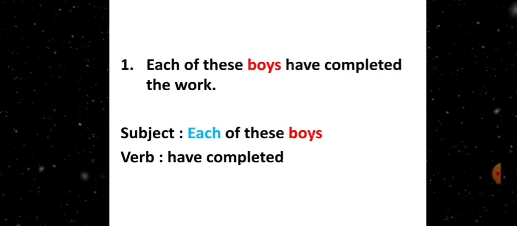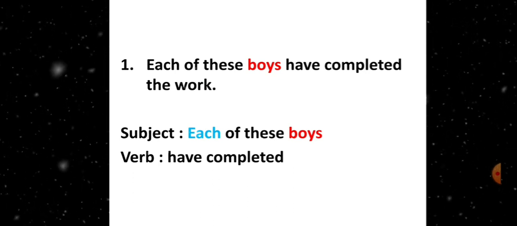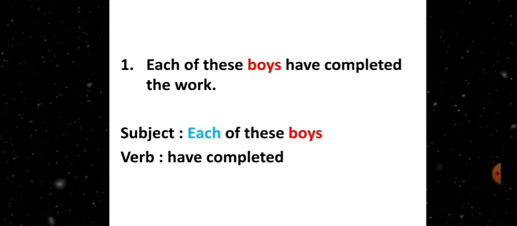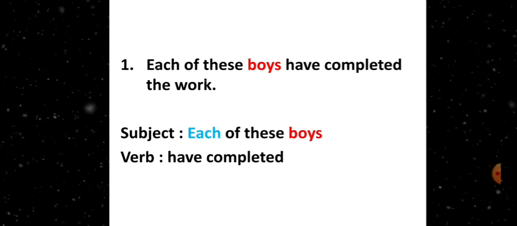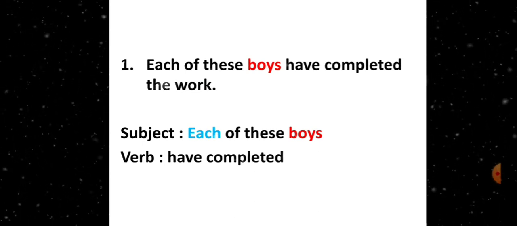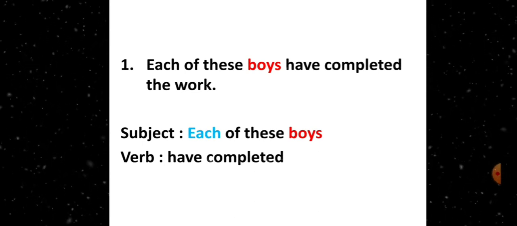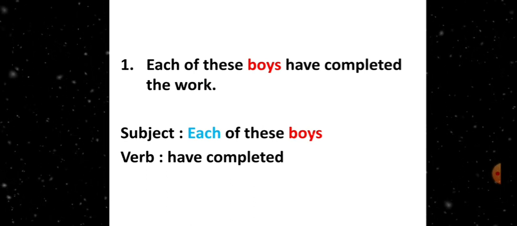So try to solve this question. Each of these boys have completed the work. So I told you to first concentrate on the verb. In this sentence, the verb is have completed. Now something that precedes the verb should be considered as subject. Now what is preceding this verb? Have completed is preceded by each of these boys.